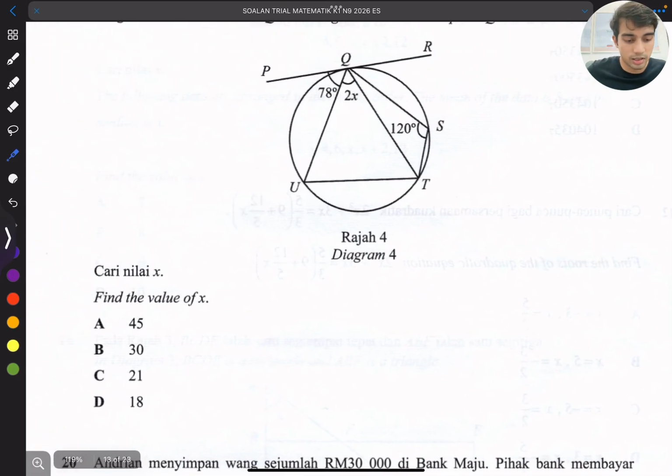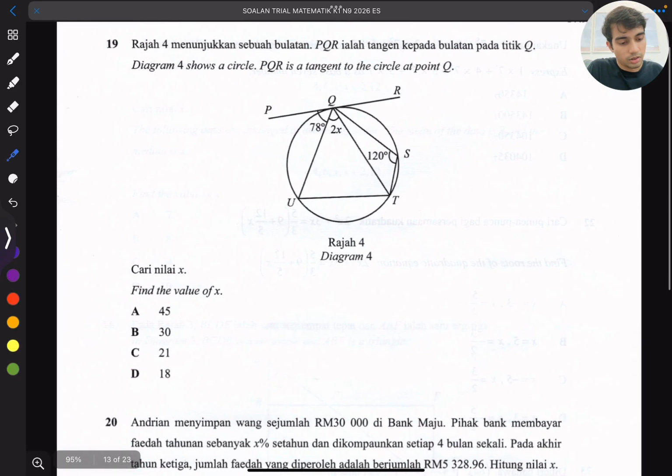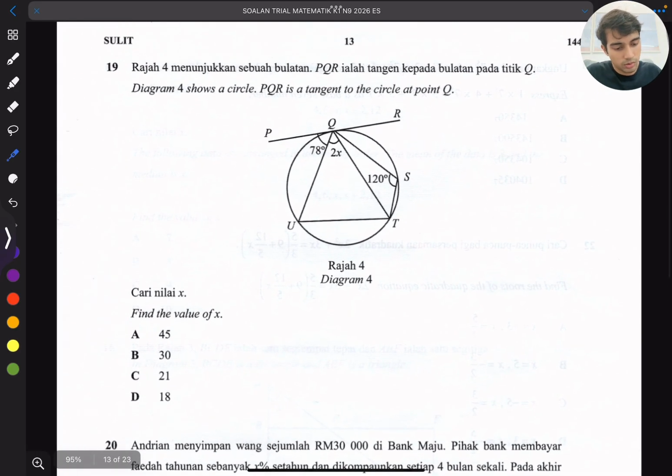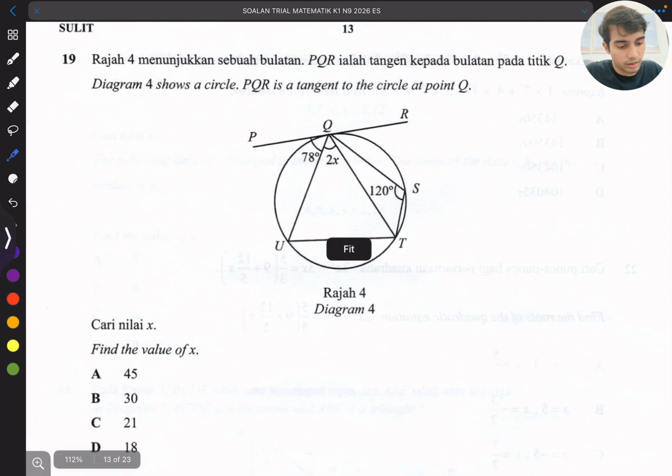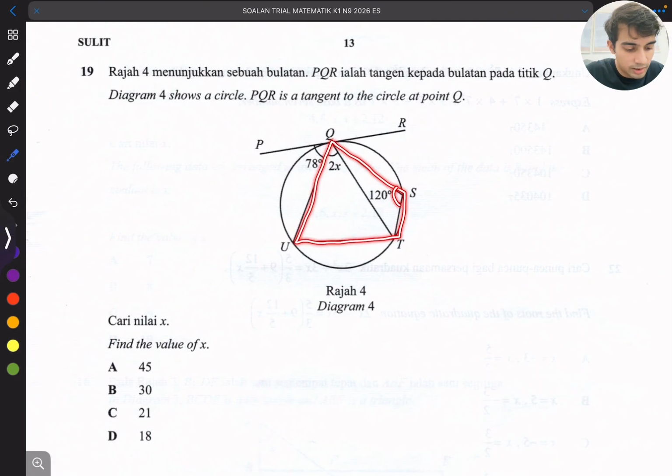Alright, question 19. PQR is a tangent to the circle at point Q. Find the value of x. First let's see this. We have a cyclic quadrilateral here. In a cyclic quadrilateral, opposite angles add up to 180.